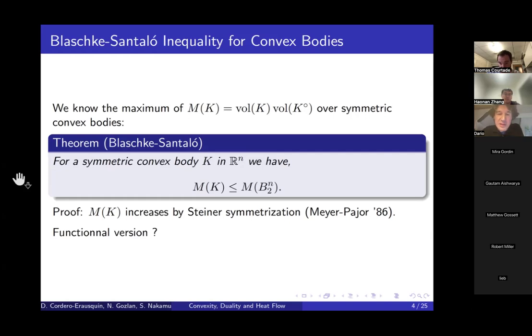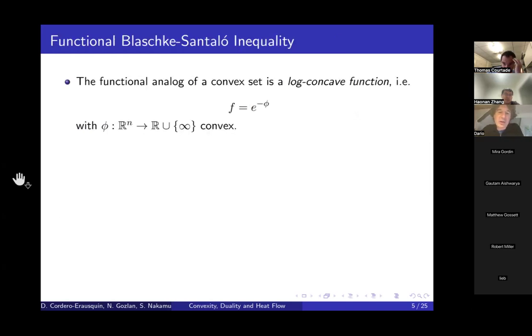Okay, so we will be interested in functional versions of this inequality, and the functional analog of a convex set is a log concave function. There are various reasons for that. Maybe we will see some of them. So a log concave function is just a function of the form exponential minus phi, where phi is a convex function.